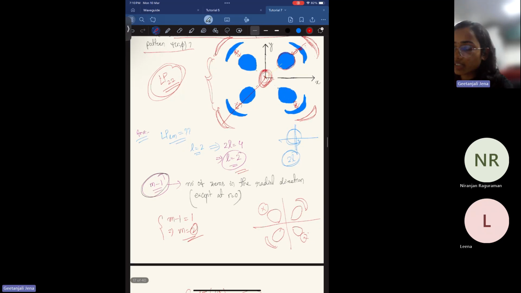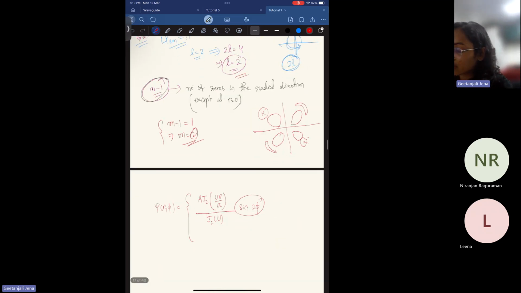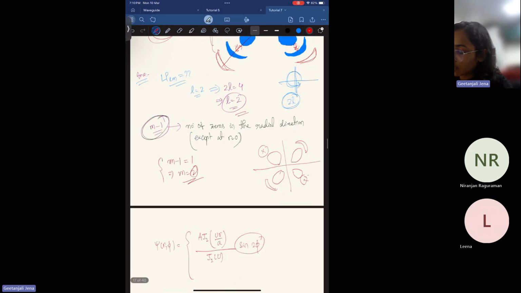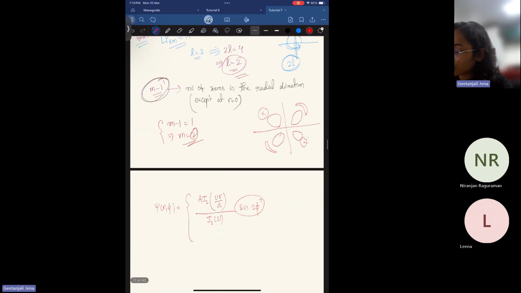Why are we taking only a single polarization like cos, by the angle at which I have my zeros? You are correct. Here at the 45 degree angle, or at pi by 2, we have zero values, right? If you put 2 into pi by 2, this gives a value of pi, and sine pi will be 0.